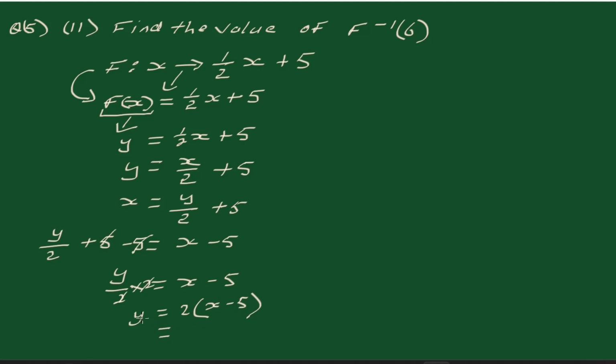Right, so in fractions, when we multiply something on one side, every term on the other side is also multiplied by that item. So it's 2x minus 10. So y equal 2x minus 10, and this is our inverse function here. So we're going to indicate that this is our inverse function.